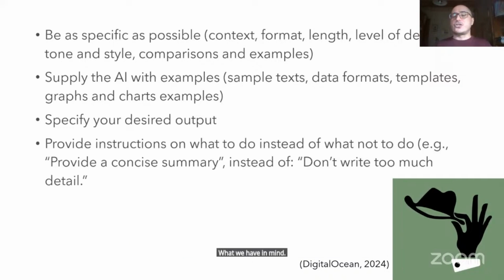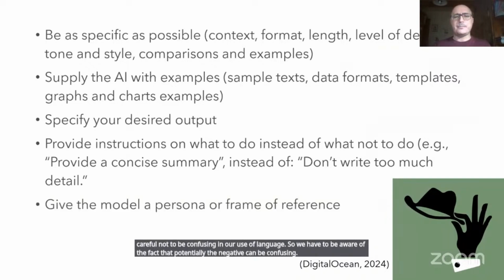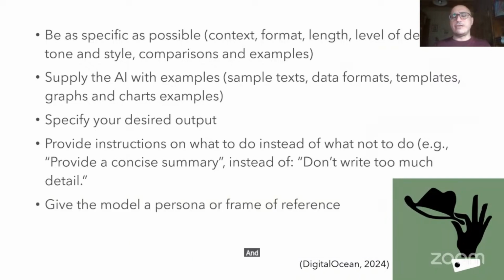When providing instructions, sometimes we have to be careful not to be confusing in our use of language. So we have to be aware of the fact that potentially the negative can be confusing. And we also need to give the model a persona or frame of reference.